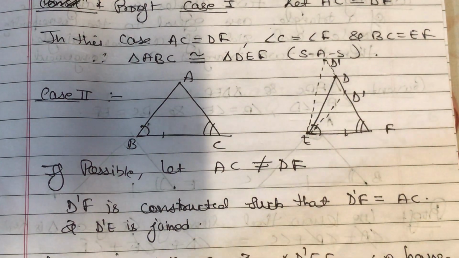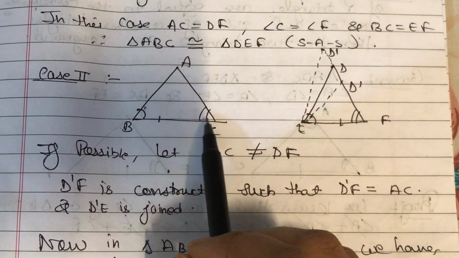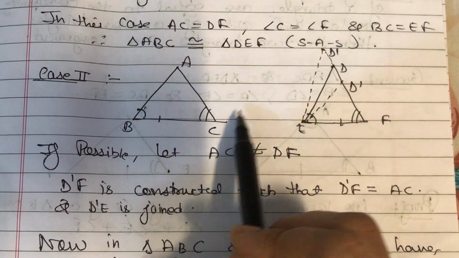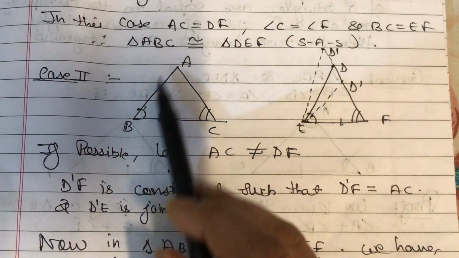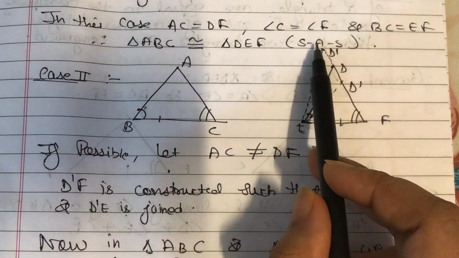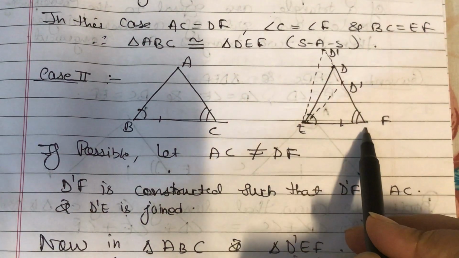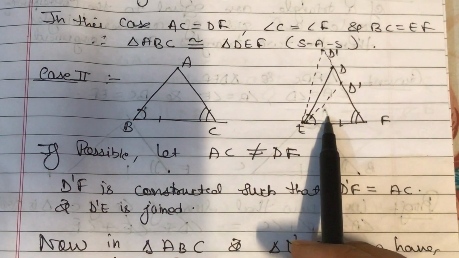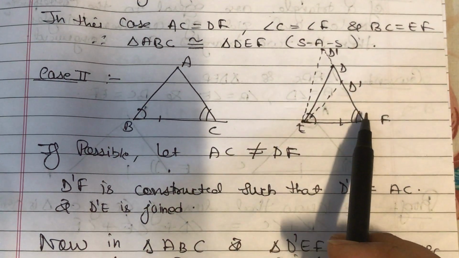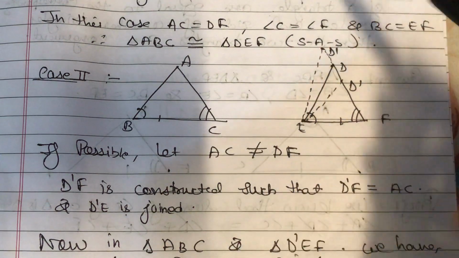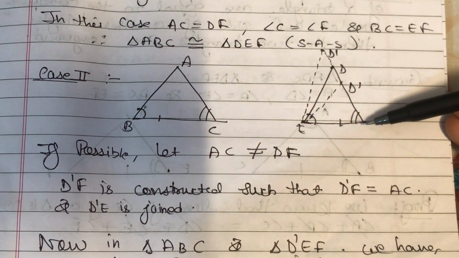So now I have assumed that AC is not equal to DF, but AC is equal to D dash F. Now in triangle ABC and in triangle D dash EF, this BC is equal to EF. This angle C is equal to angle F. And as per my assumption, AC is equal to, let us consider this, the outside point D dash F. Right?